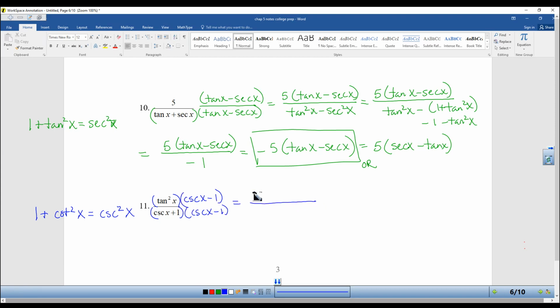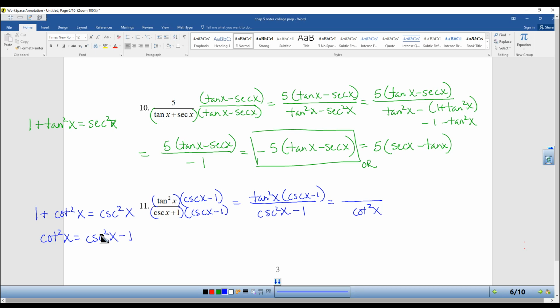On the top, I'm not going to distribute that tangent, but on the bottom, I am going to FOIL out cosecant squared x minus 1, which is not how I have it. So it's possible that you've rewritten this a whole bunch of different ways, and then you don't have to make a replacement. You can just say, oh, I know that cosecant squared x minus 1 is cotangent squared.